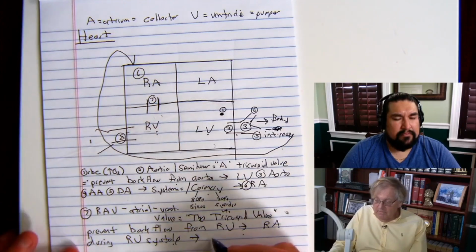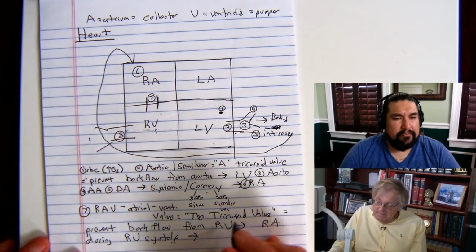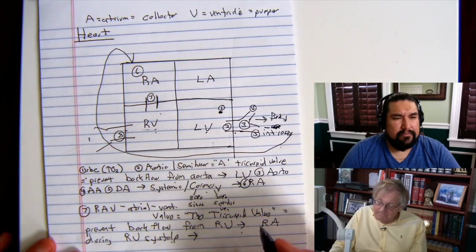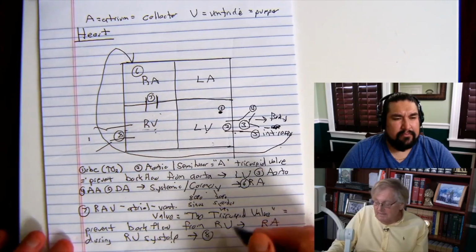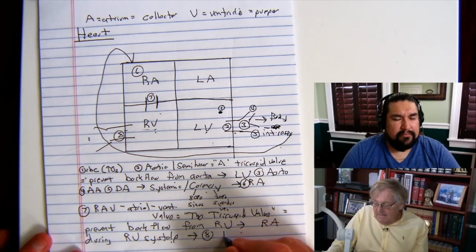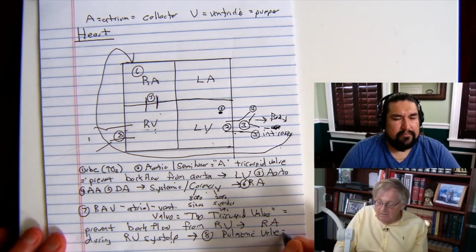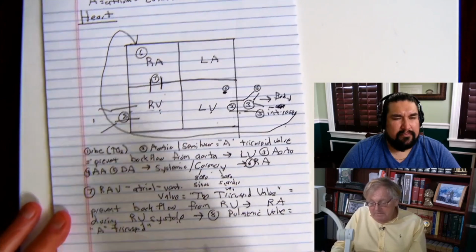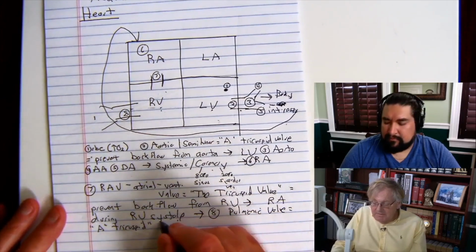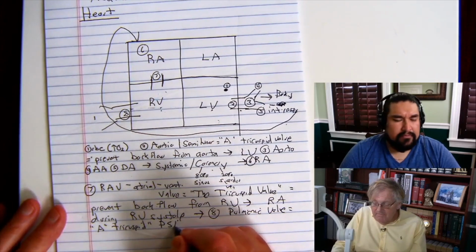So therefore, number 8 is the valve that's called the pulmonic valve, also called a tricuspid valve, or the PSL, the pulmonary semilunar valve.